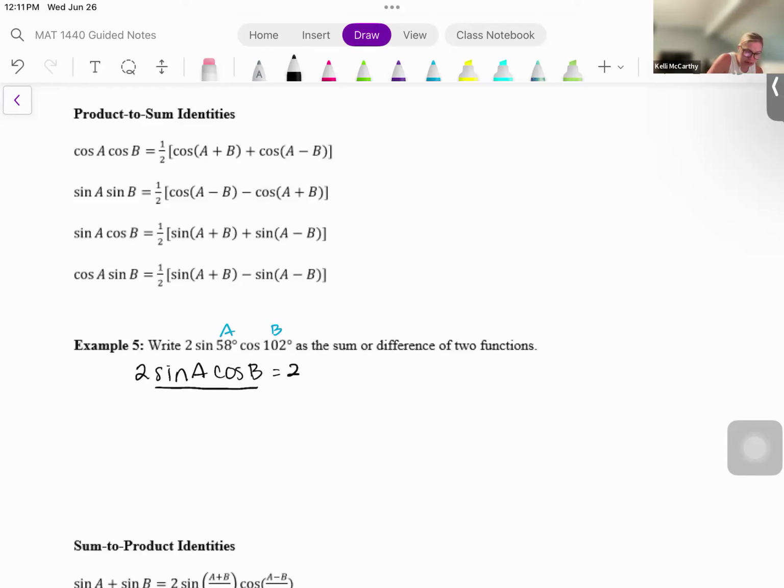So we've got 2 times, and I'm going to make sure I have some parentheses here. Sine A cosine B is equal to 1/2 times sine of A plus B, or 58 plus 102, plus sine of A minus B. So sine of 58 minus 102.